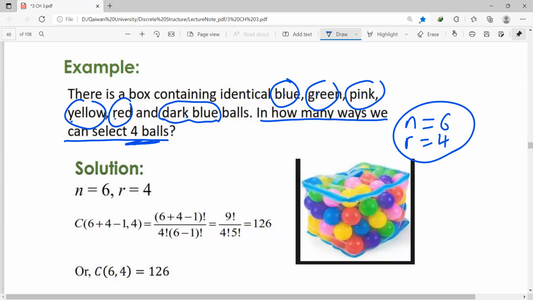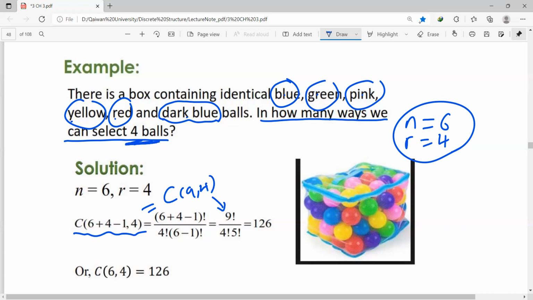We apply the same rule as we did before, C(n plus r minus 1, r). N is 6, R is 4. We just replace N and R by their values, and this is C(9, 4). Here we get C(9, 4) equals this.